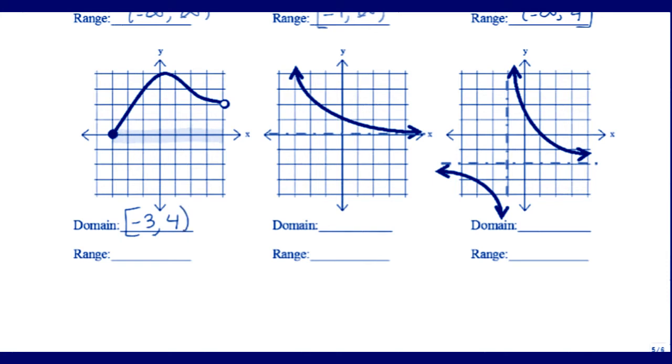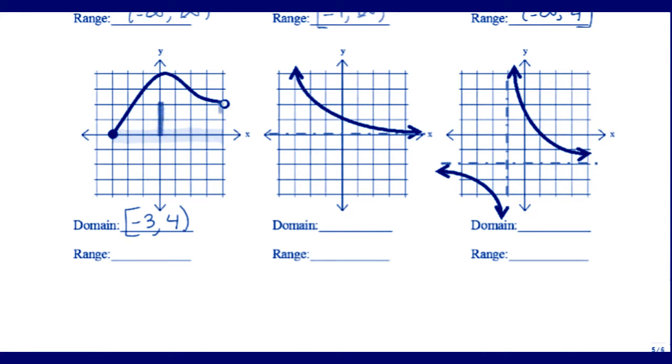When I am looking for my range, I am looking for the lowest the y value can be on the y-axis, and the highest the y value can be on the y-axis, not necessarily the endpoint of the actual graph, but the lowest it can be, comma, the highest it can be also. When I am looking at my y-axis, the lowest value in my y direction is 0, comma.